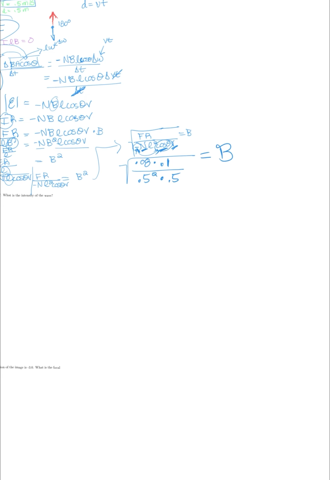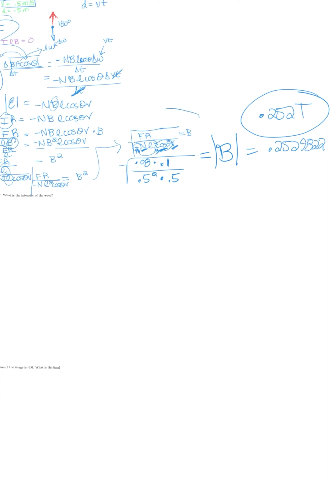And this is going to give us the magnitude of our B field. So let's put that in our calculator. And I get that the magnitude of our magnetic field is 0.2529822, blah, blah, blah. So we'll just say 0.253 Teslas is the magnitude of our magnetic field.